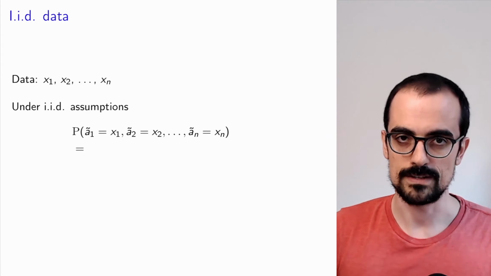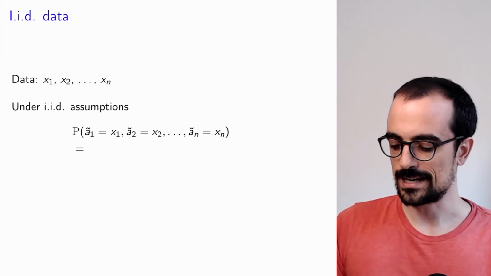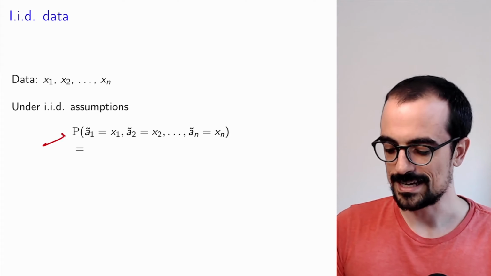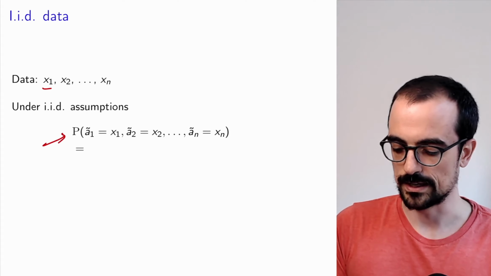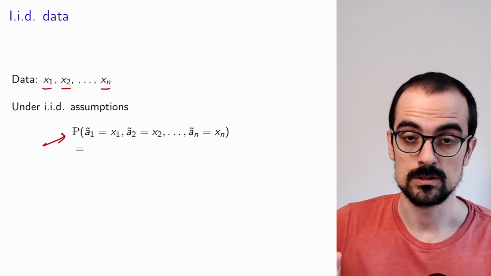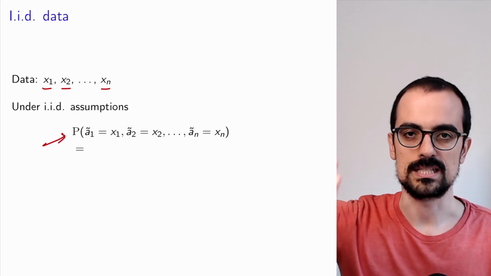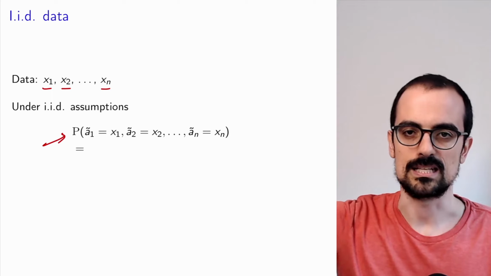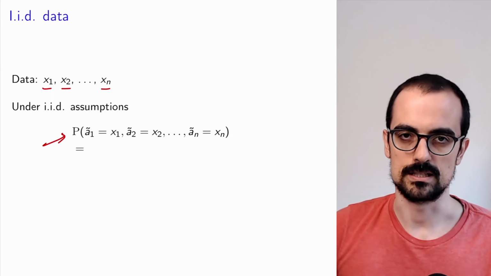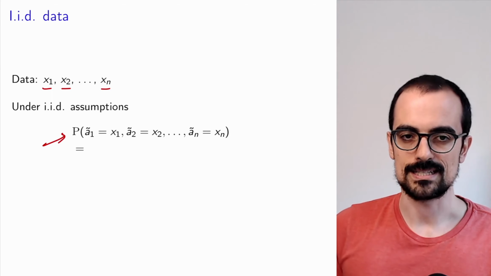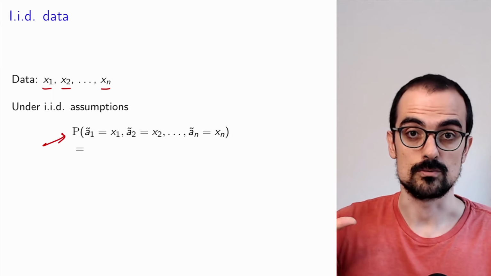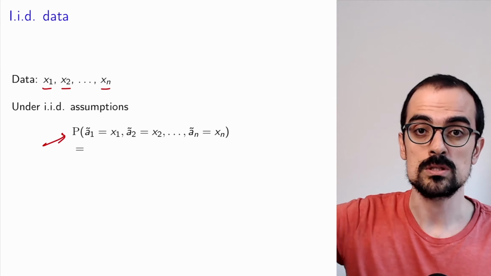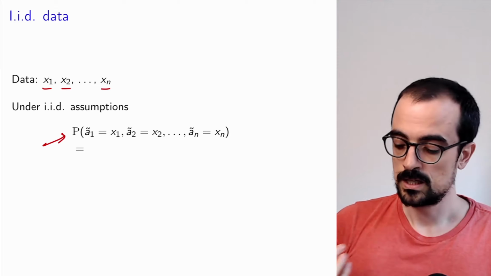If we have more data, that's not true anymore. But under the IID assumptions, it's very easy to connect the probability of observing exactly those values, which we call x1, x2, xn. These are fixed values. This would be like maybe 2, 7, 53, 27, whatever streaks we observe in our data in the free throw example. Those are fixed, right? And now we want the probability of observing those under our parametric model.